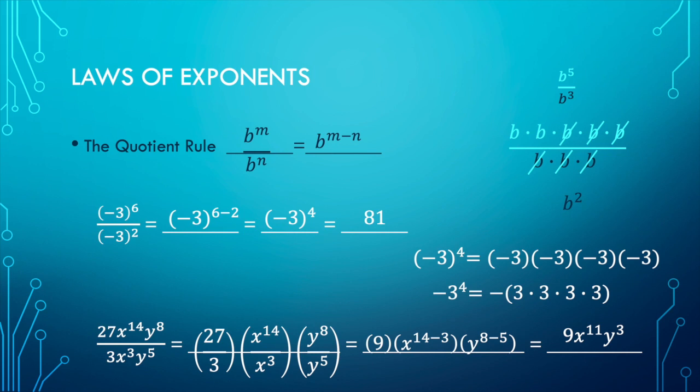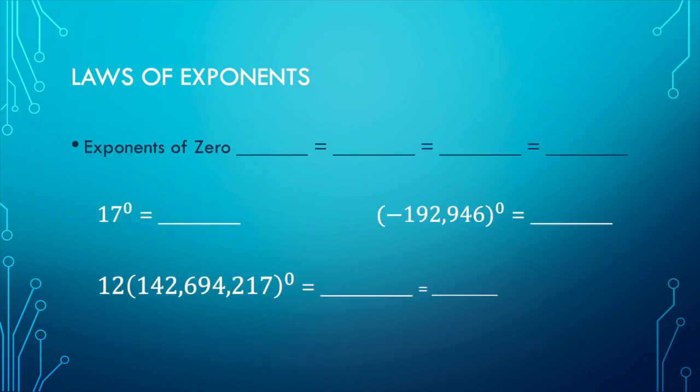Right, the next rule or next law that we want to talk about is the exponent of 0. So let's go back to our thought about the quotient rule. We're going to look at a quotient here. Here I have b to the m over b to the m.